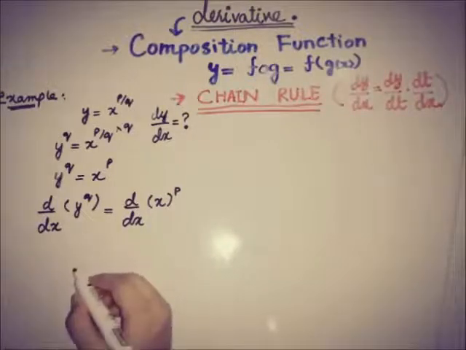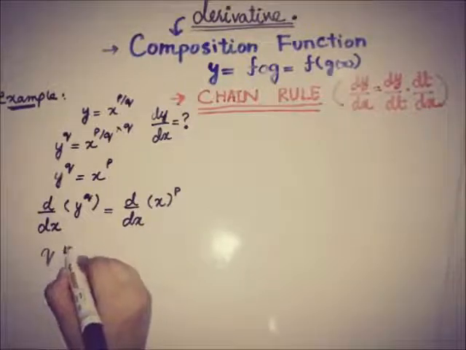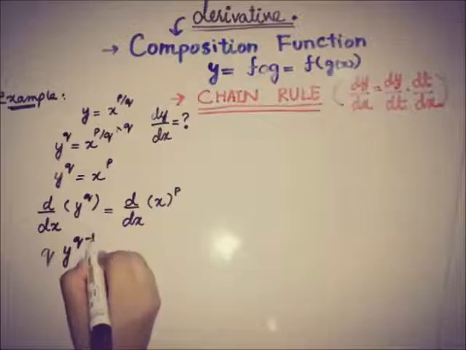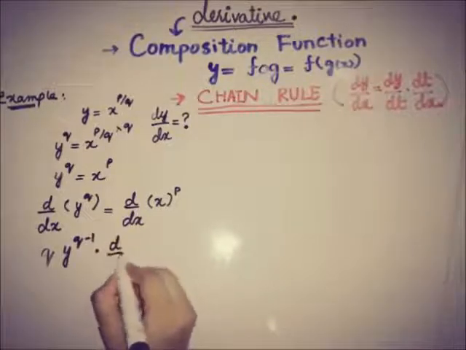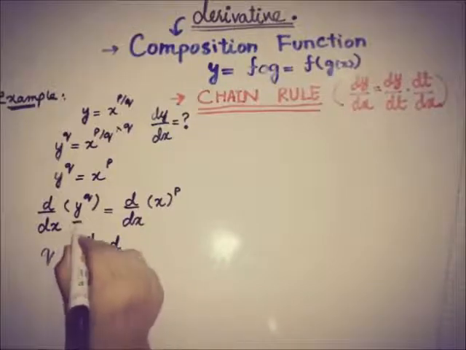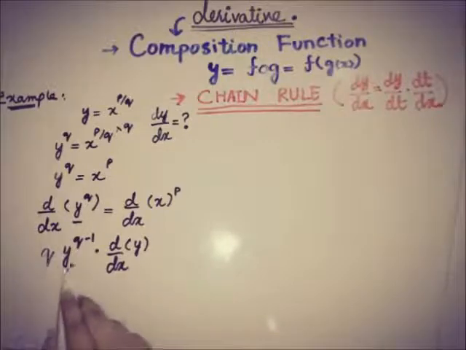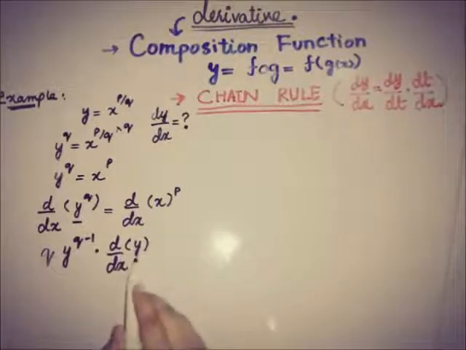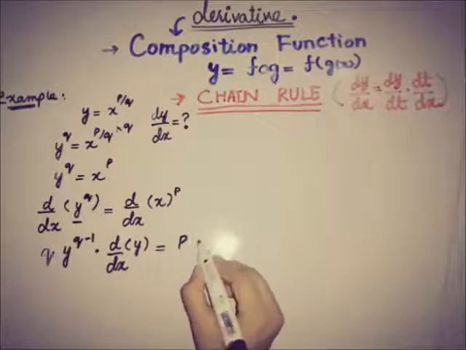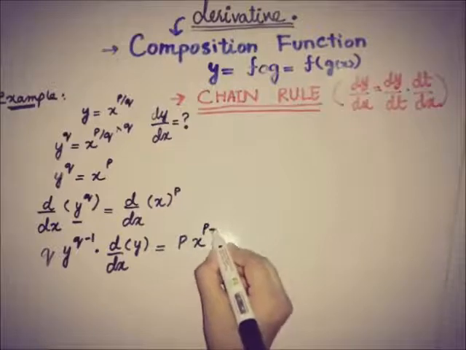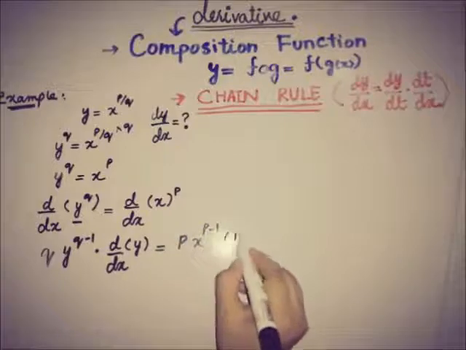We can use the power rule, that power comes down and there is a decrease in the power, and then the rate of change of this variable. So q y to the power q minus 1 into the rate of change of y is equal to, here we can also use the power rule, p comes down, there's a decrease in the power, and then the rate of change of x with respect to x, that is 1.